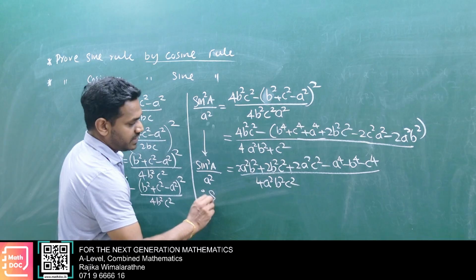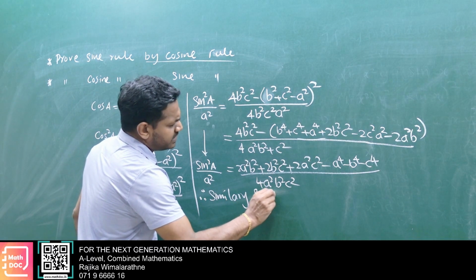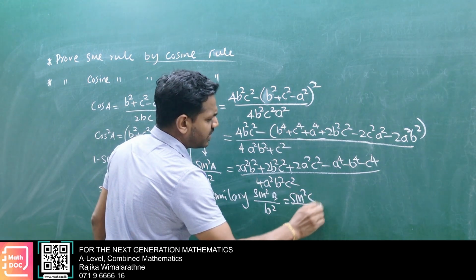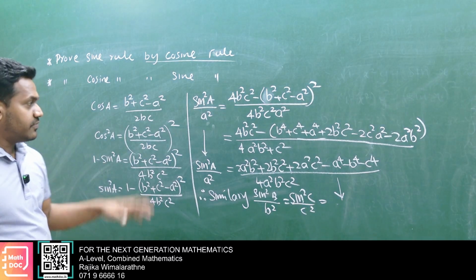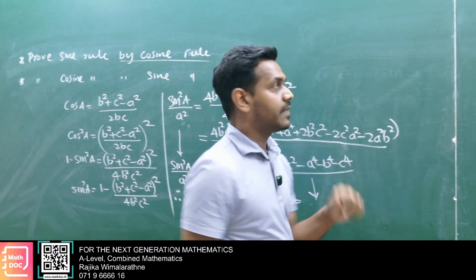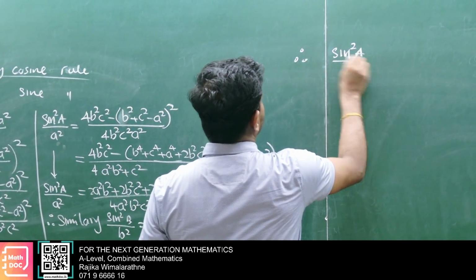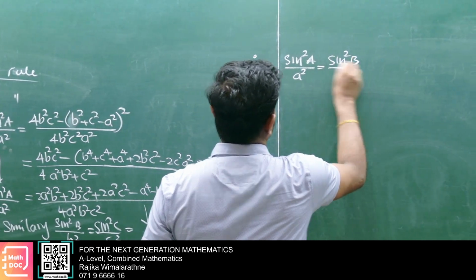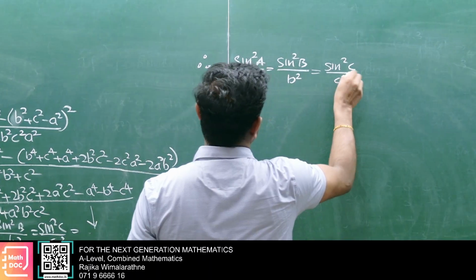Therefore, sin² A over a² equals sin² B over b² equals sin² C over c². Therefore, all of them are the same.